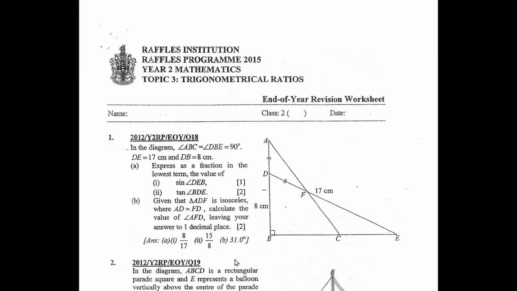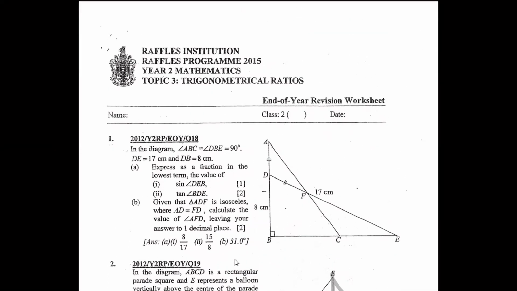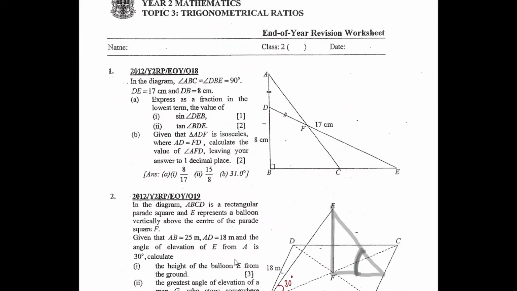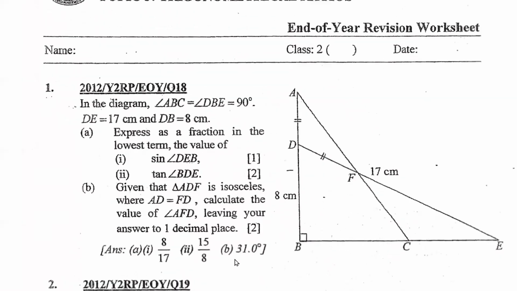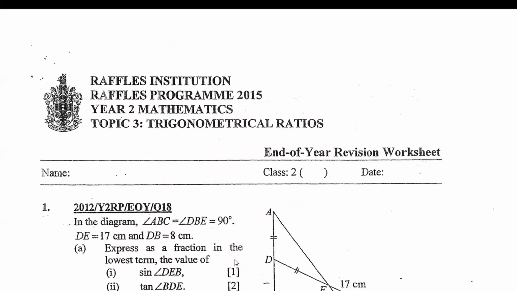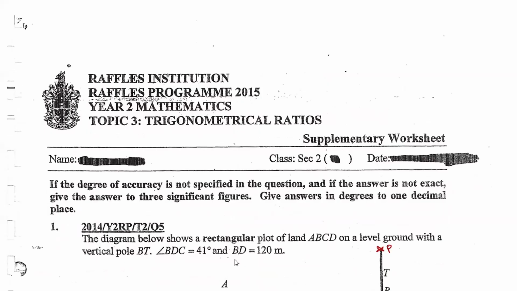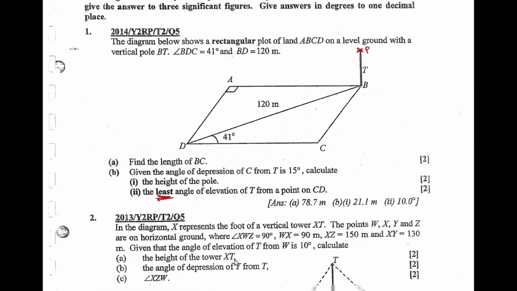This is 19 answer trigonometrical ratios. Let's try this, just a few practice questions. Hold on a second. Should I do 19 or 18? I think I'll do 19.